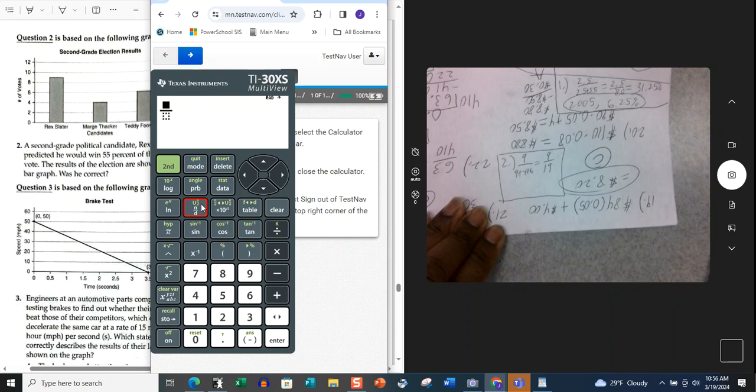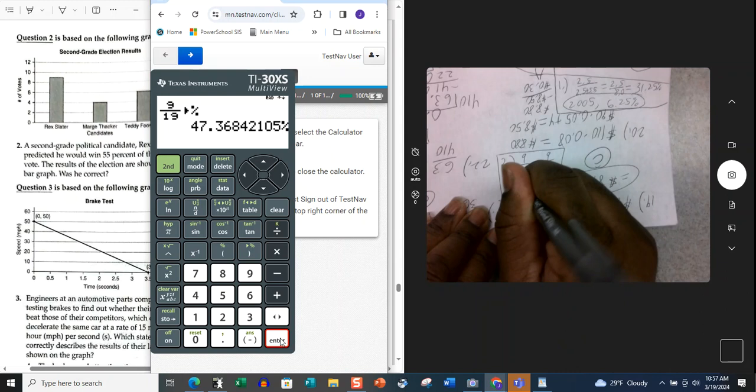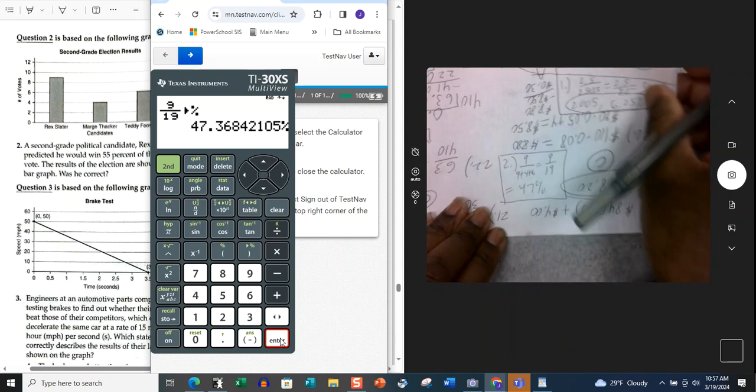So we'll press N over D, 9, down arrow 19, right arrow, second, right parenthesis, and press enter. So it's about, if we round to the nearest percent, it's about 47%.